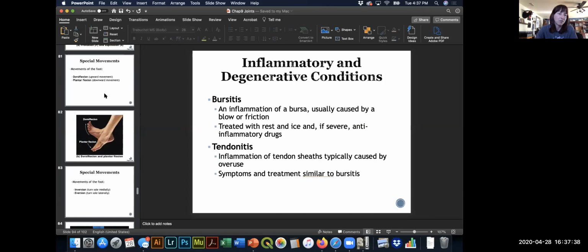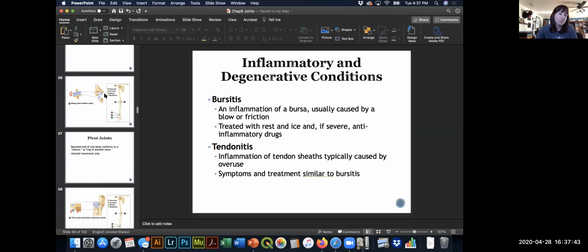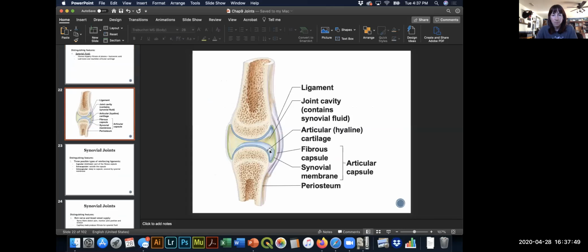Oh, I didn't finish talking about the parts of the synovial joint. That's what I should do. So you have a synovial cavity full of synovial fluid, articular cartilage at the distal end of the proximal bone and the proximal end of the distal bone. That's really fun practice.